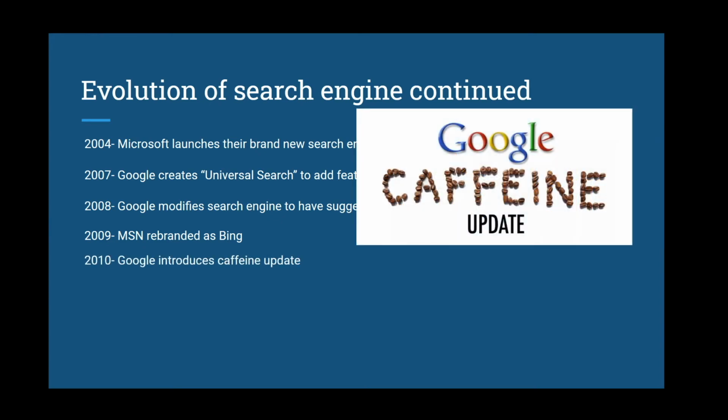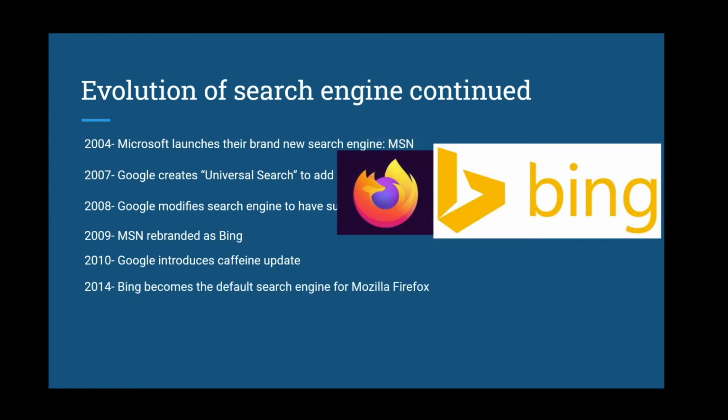Google has constantly updated and developed their search engine, and whilst their web page doesn't change much, the back-end updates that they do are important. 2010, Google introduced the Caffeine update, which improved the speed of refresh results by quite significant amounts. In 2014, Firefox used Bing as its default search engine.